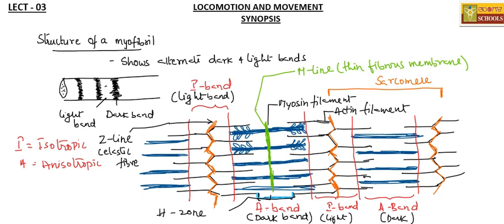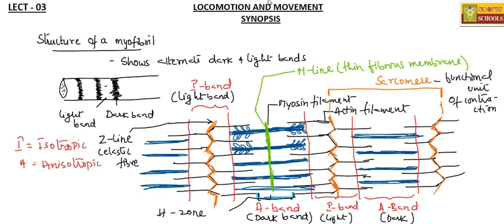The sarcomere is the functional unit of contraction, from one Z line to another Z line.